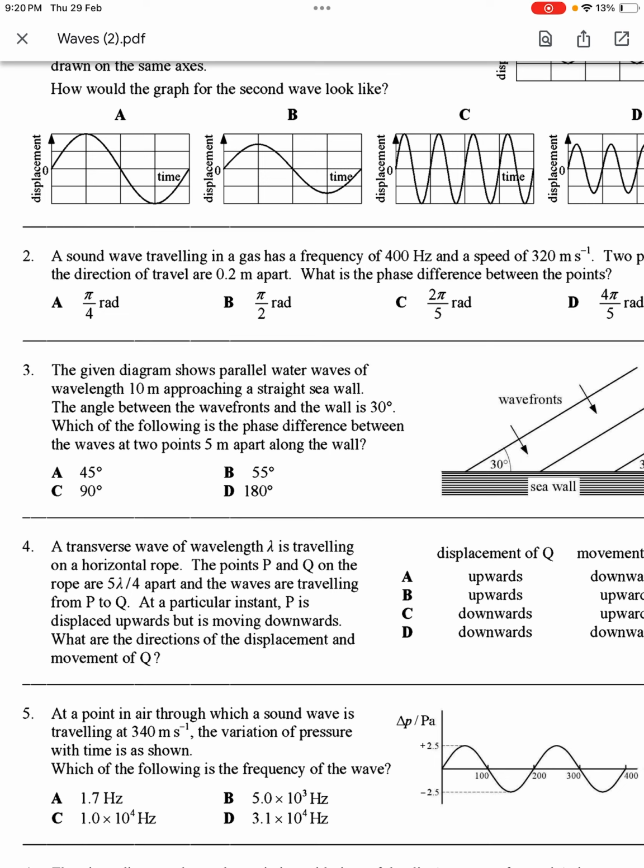The angle between the wavefronts and the wall is 30 degrees. Which of the following is the phase difference between the waves at 2 points 5 centimeters apart along the wall?